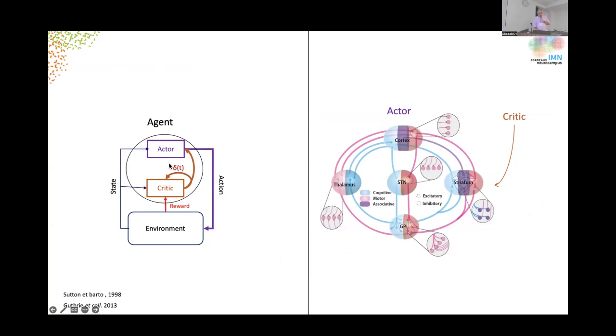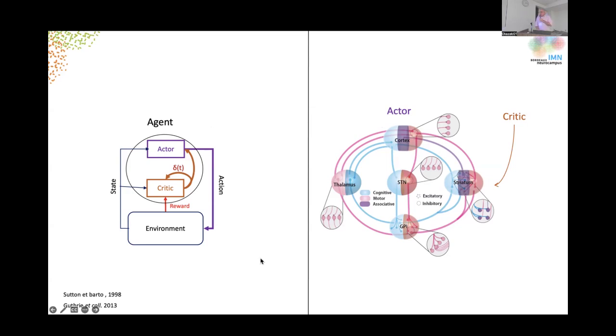And what is important is that the critic and the actor interact together. One of the main features of this interaction is what we call reward prediction error, which is translated from the critic to the actor, and informs the actor, each time it's doing an action, how good this action is according to what it could be.